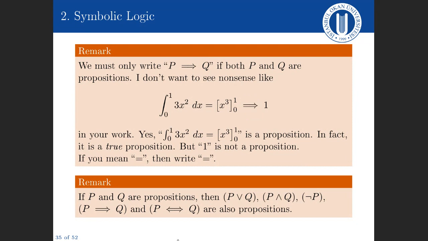And let me remark, if P and Q are propositions, then all of the ways of combining them that we've seen are also propositions. P or Q is a proposition, P and Q is a proposition, not P is a proposition, P implies Q is a proposition, and P if and only if Q is also a proposition.